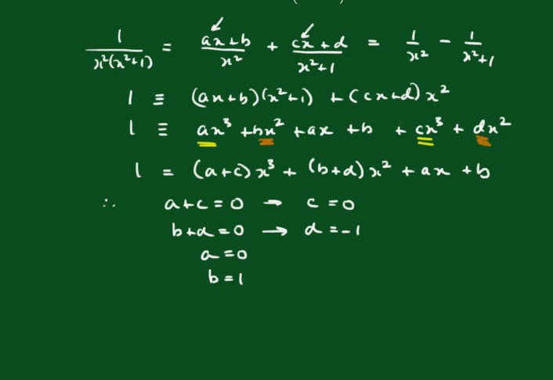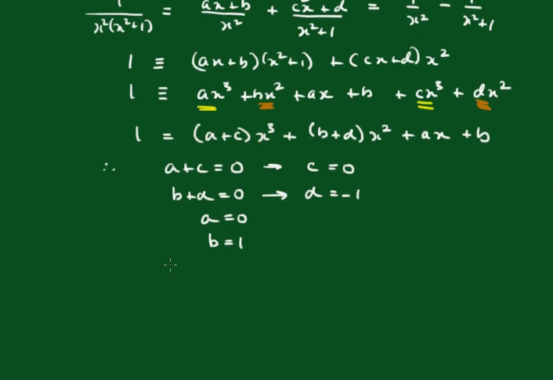Okay, so now we're ready to go. So our integral equals the integral of 1 over x squared minus 1 over x squared plus 1 dx.